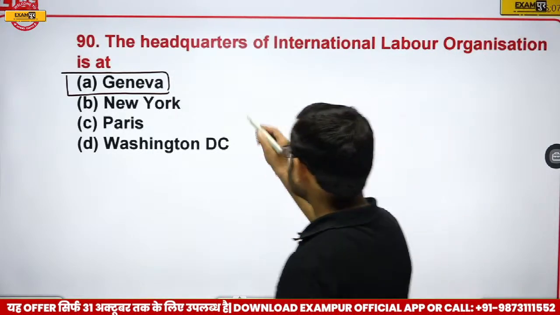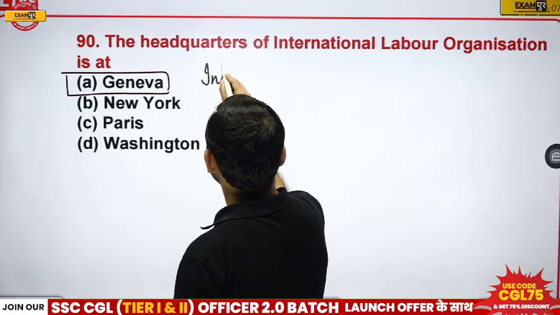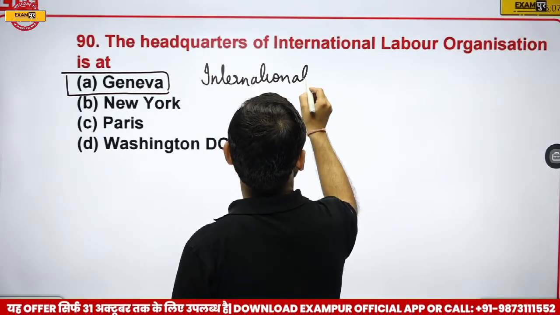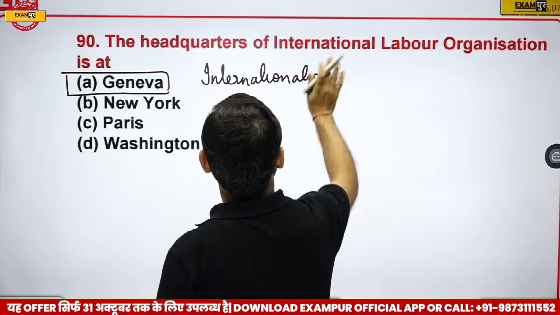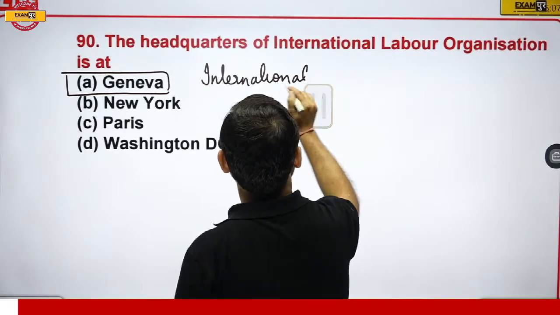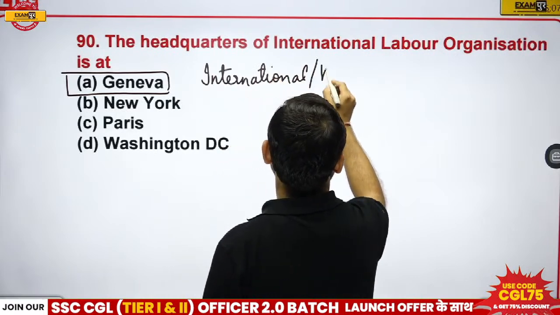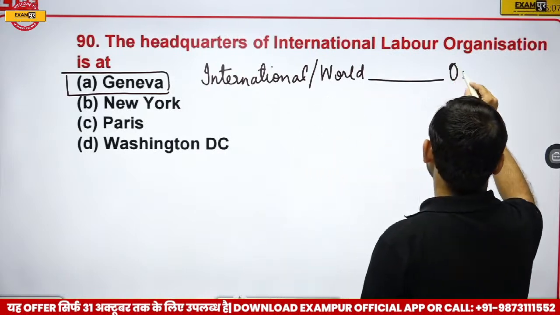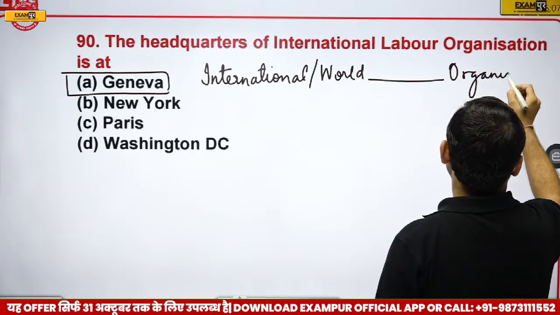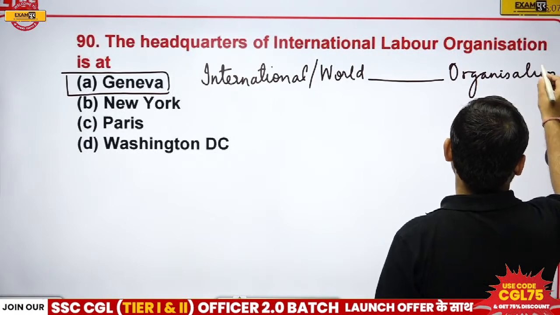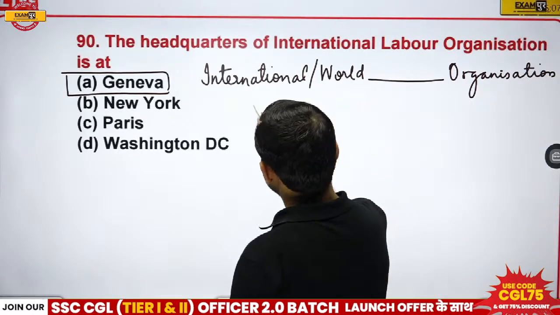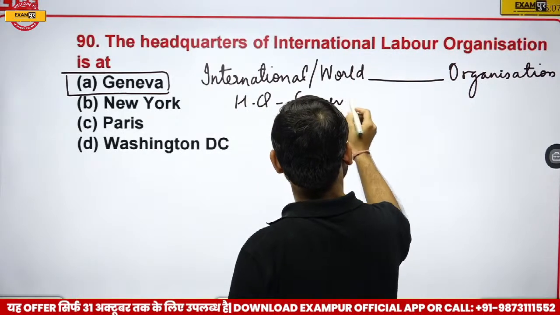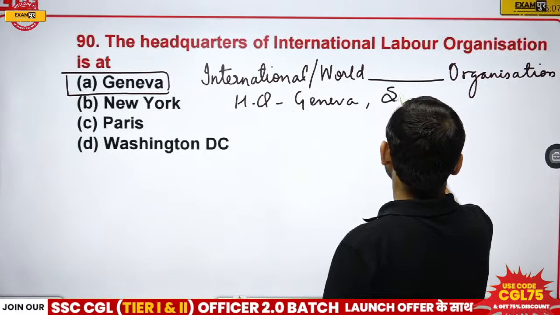All those organizations which start with International or World and end with Organization are headquartered in Geneva, Switzerland.